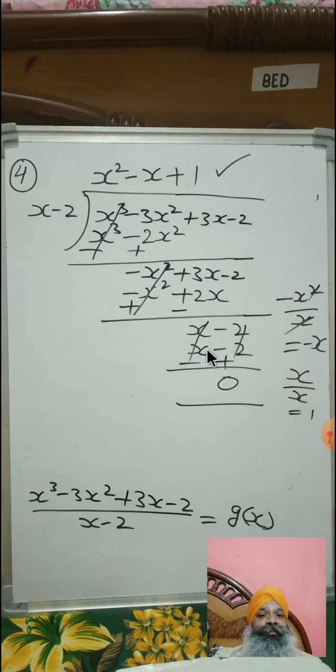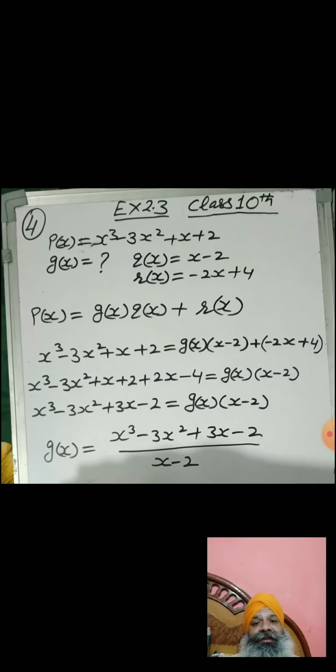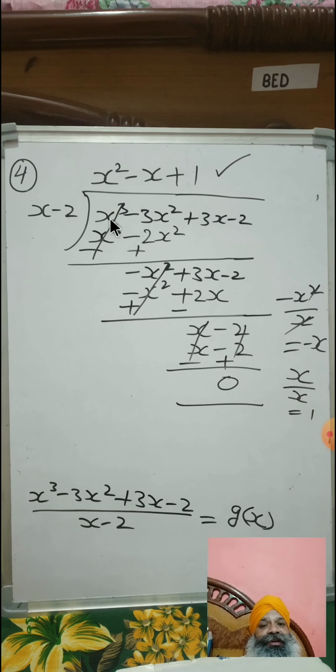We subtract x minus 2 from x minus 2 and we get 0. Now the remainder is 0, so this quotient is the value of g(x). The value of g(x) is x square minus x plus 1.